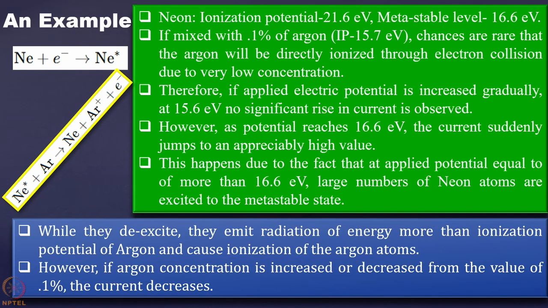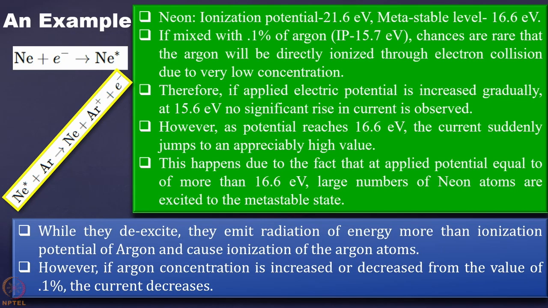Neon has an ionization potential of 21.6 electron volt. Argon, which will be used as an impurity in this main gas, neon, will not exceed 0.1%. We will keep just 0.1% of argon, which has a much lower ionization potential of 15.7 electron volt.